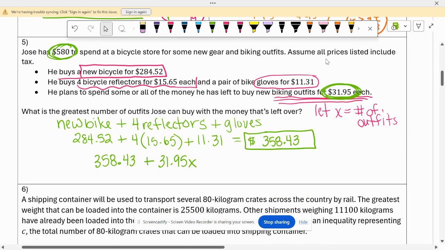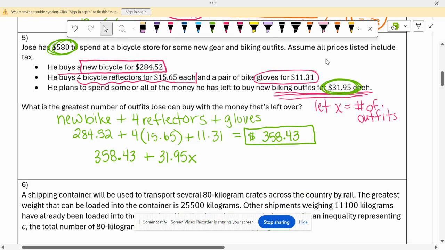We have 580 and we can't go over it. It says that he wants to spend some or all of the money. Some or all. What inequality are we going to use? Some or all is the same thing as saying less than or equal to, right? Less than or equal to 580.